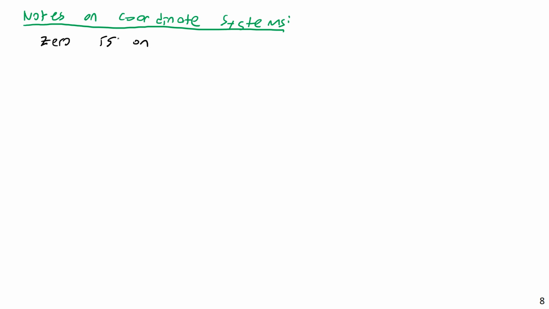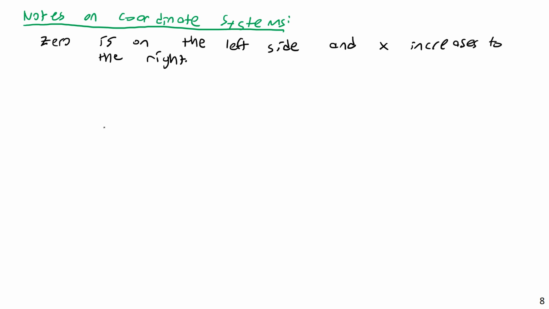It's always going to be on the left-hand side, and x increases to the right. Always. No exceptions. And in each zone of analysis, the x coordinate does not reset.